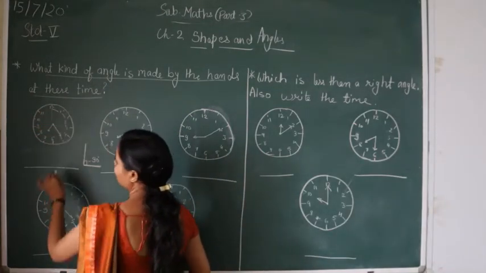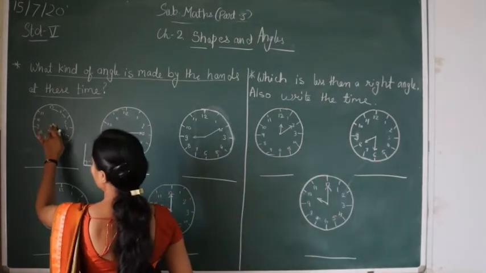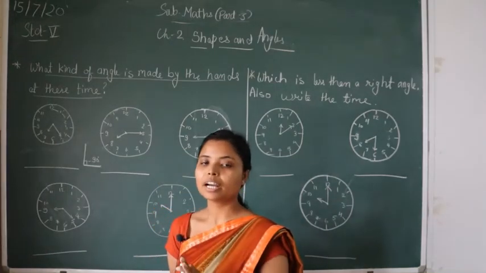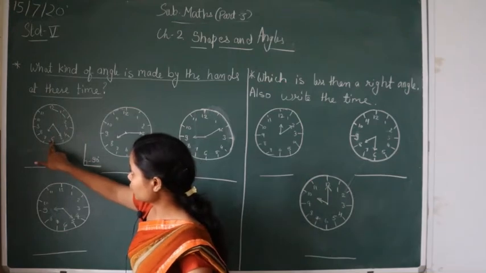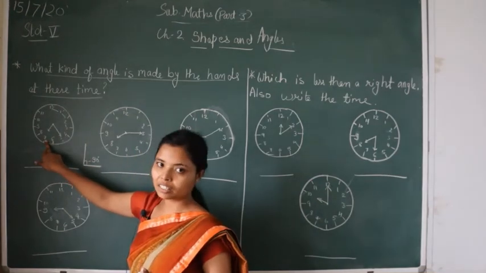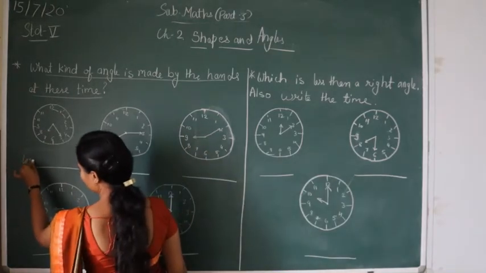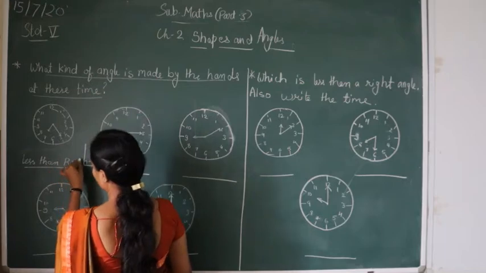Then I make a right angle here. Less than 3 sectors, we can say that this is less than. So look here, 1 and 2. How many sectors are there? 2. So we can say that this is less than a right angle.